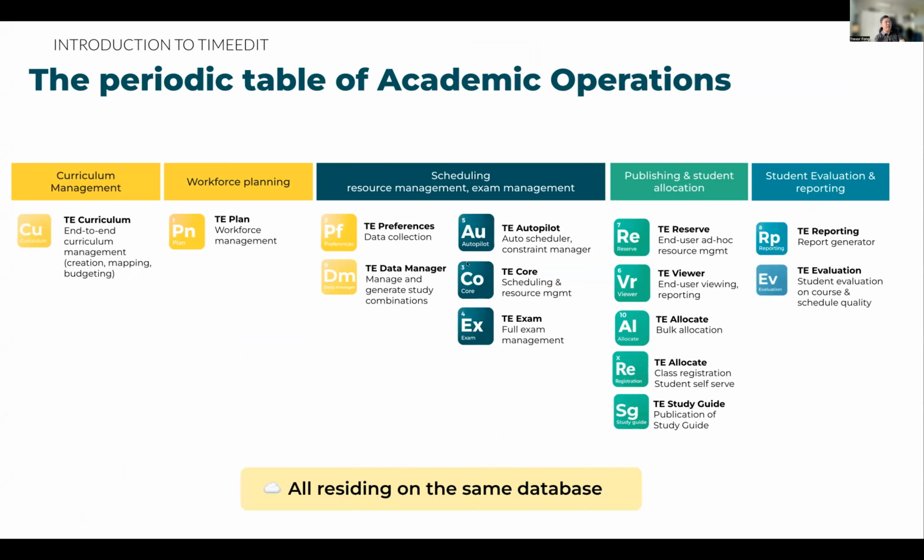Okay. How many activities can you accommodate? Millions. Okay. For example, we have universities with 120,000 students, and we have a multi-year database.